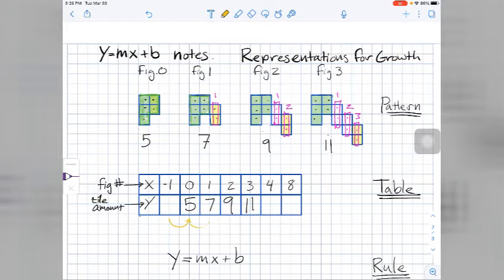As the tiles get bigger, they're adding 2 every time. So I know that if I add 1 more figure, it's going to add 1 more set of 2. So what's really happening here is we're going plus 2, plus 2, plus 2, plus 2, plus 2.